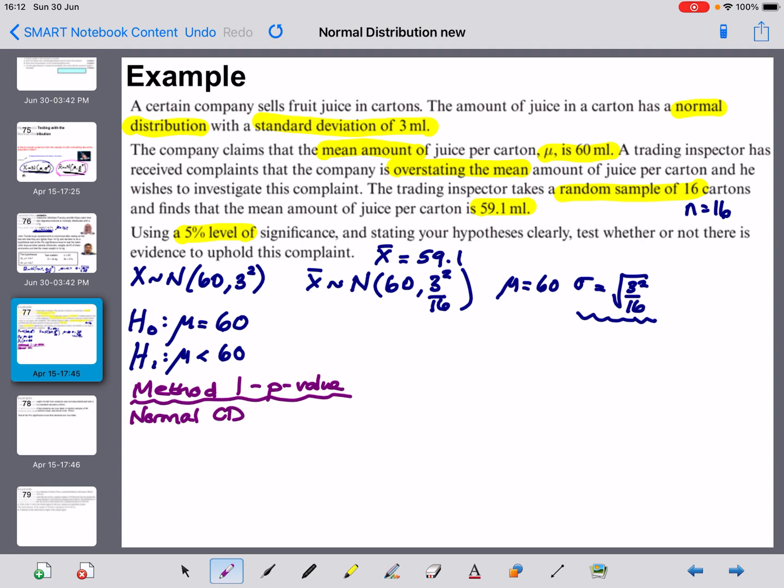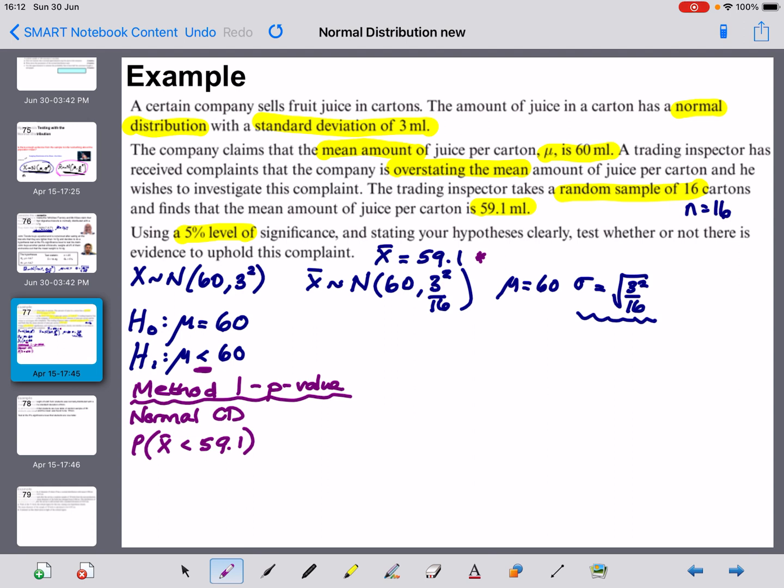This method, if you've got the observed value, which we have, is the easiest method. All we're going to do is say what is the probability of getting a mean of 59.1 or less. I've gone for less than because of that there.